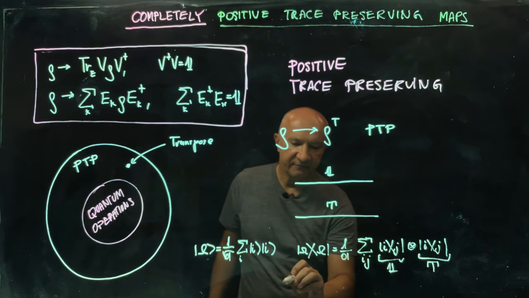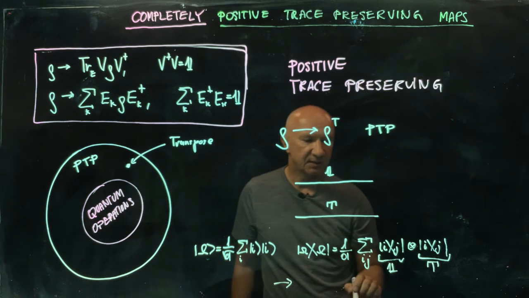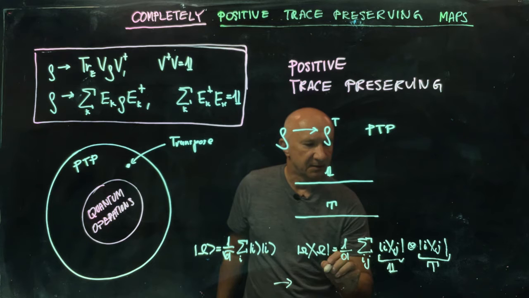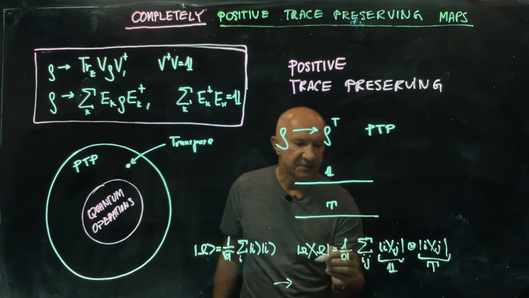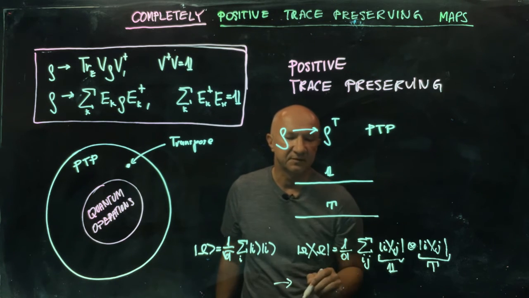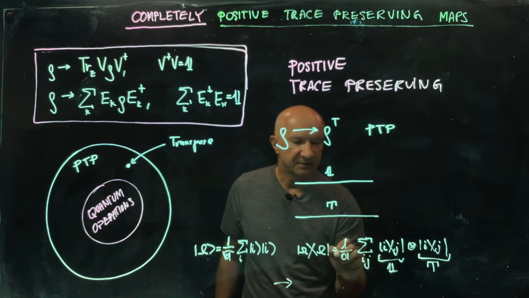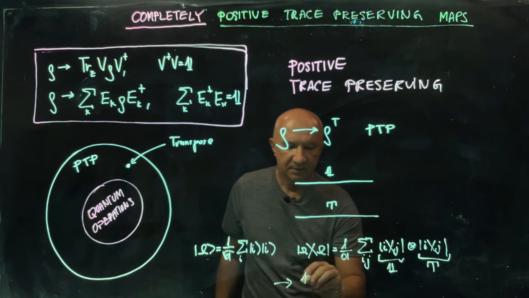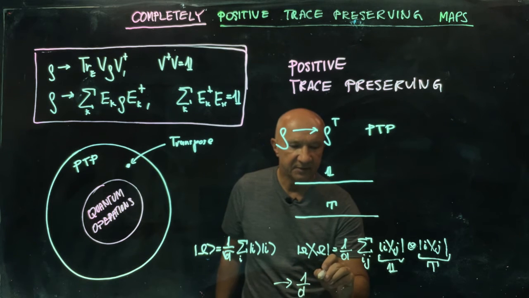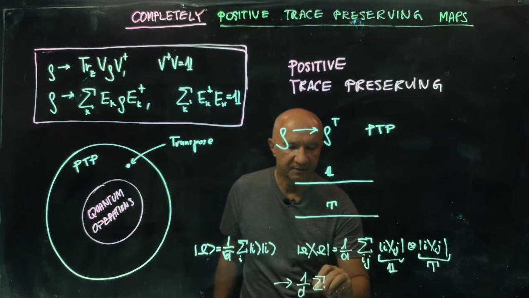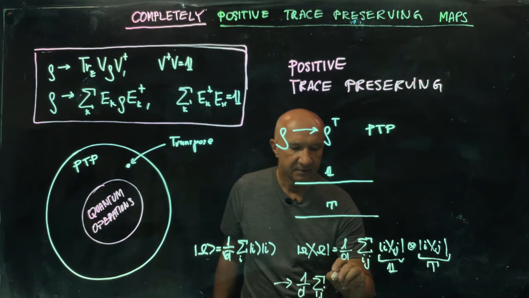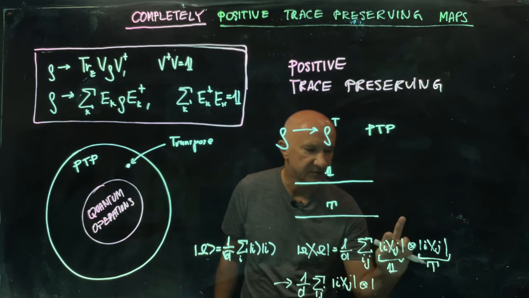So the resulting matrix, the effect of this operation on this maximally entangled state, will be 1 over d, sum over i, j. The first element of the tensor product is not affected, but the second one is, so we just flip it. This is a transpose.